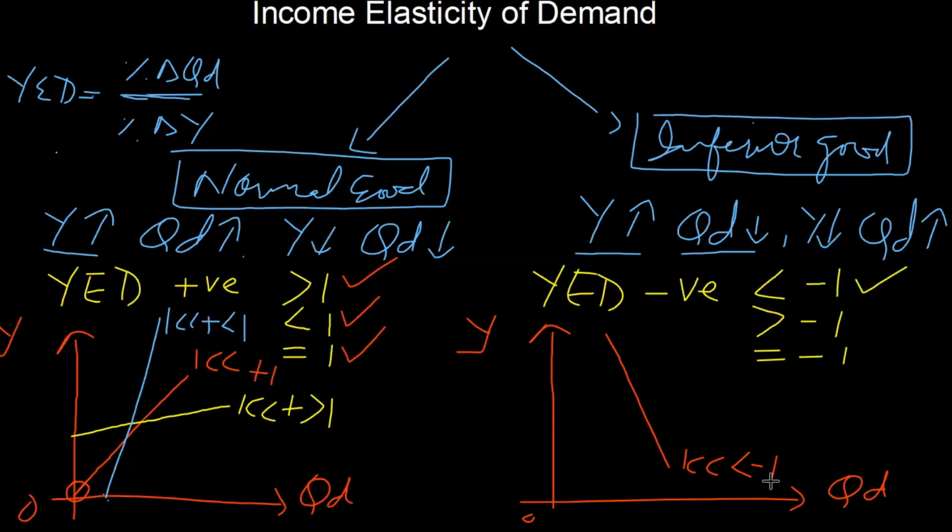The second situation is if income elasticity of demand is greater than 1, the ICC would be flatter. And the last situation is unit elastic demand: when income elasticity of demand is unitary, the ICC curve would be a hyperbola convex to the origin, and this shows that income elasticity of demand is -1.